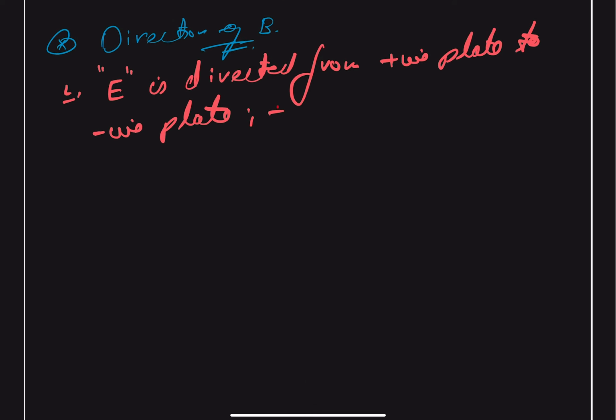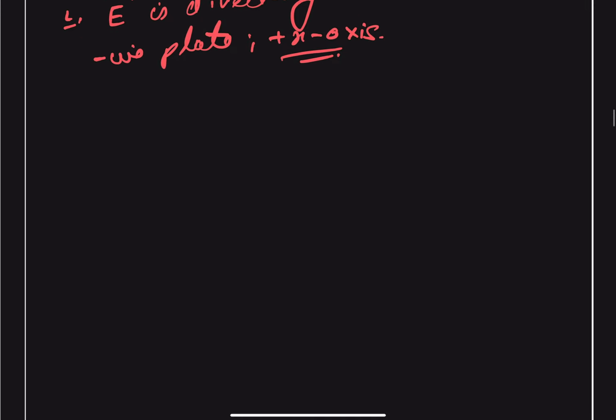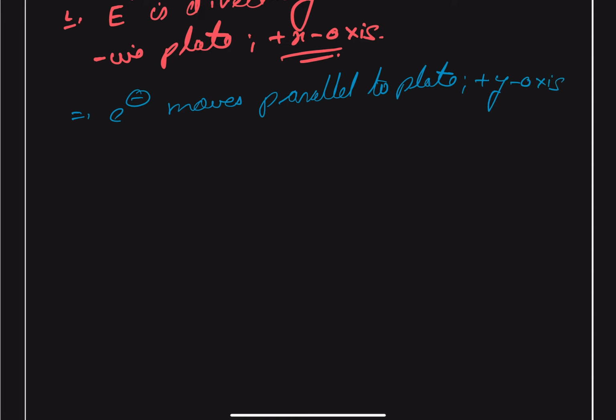Positive x-axis. Now electron moves parallel to plates, or we can say positive y-axis.